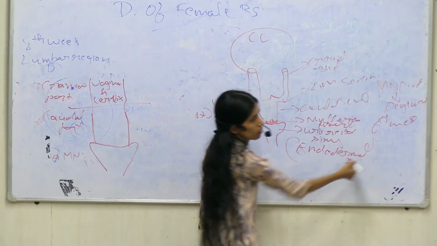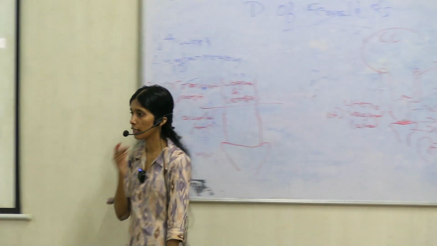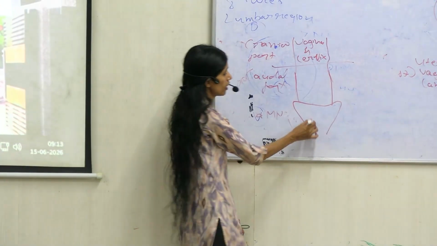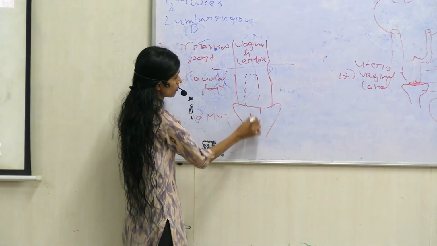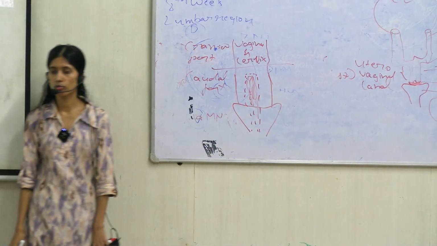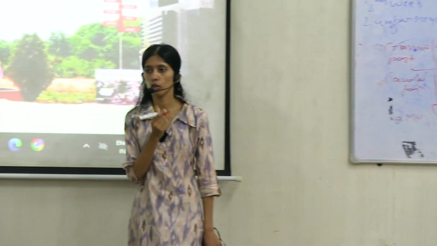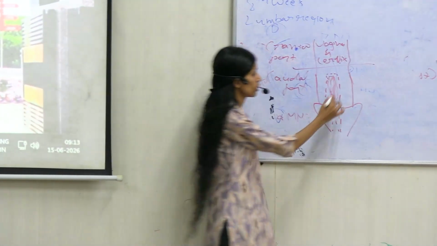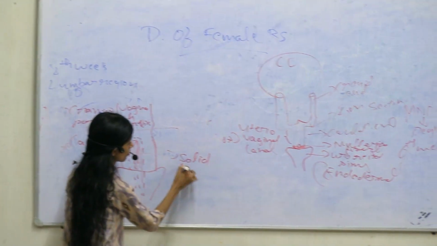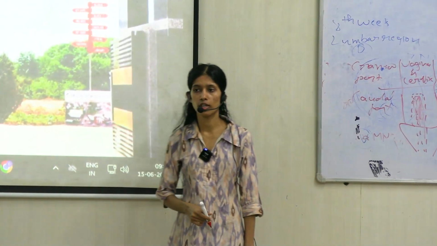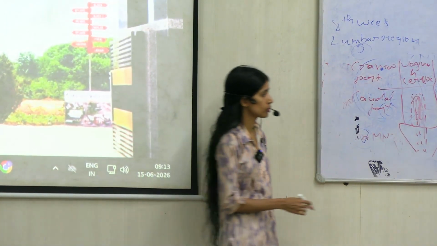So the endodermal cells from the urorectal sinus will start moving in the upward direction like this, and form a solid mass in the caudal part of the uterovaginal canal. This is the solid mass, and this part is called as vaginal bulb.